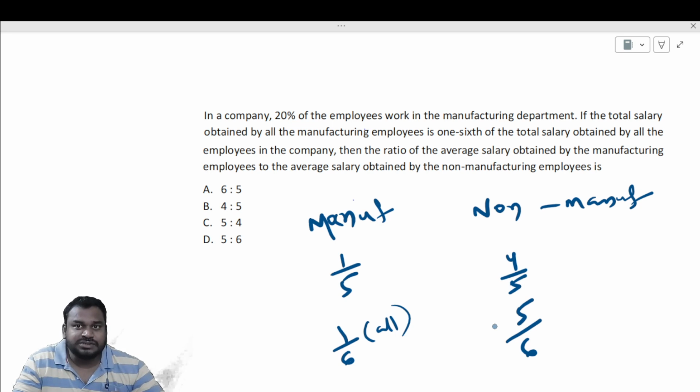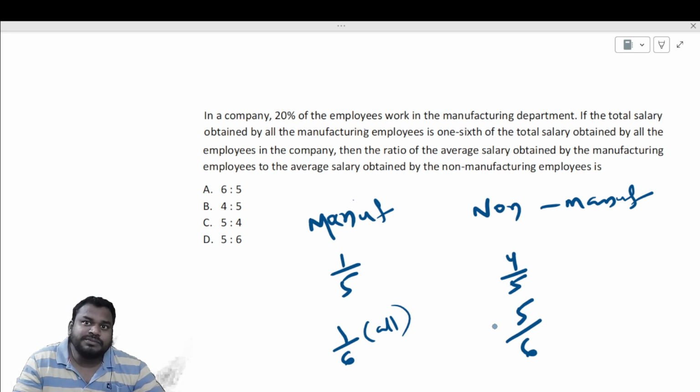Obviously, non-manufacturing people will be working from the office. If you take any industry, some people will be working in the industry and some people will be working in the office or in the IT department. Every industry will have IT also. Take Sonata company as an example.